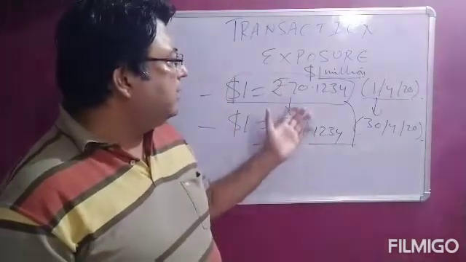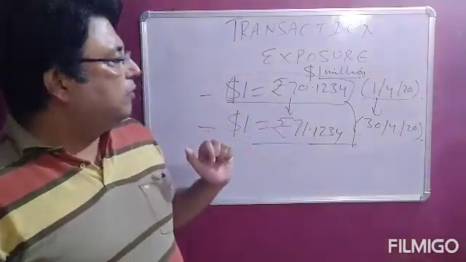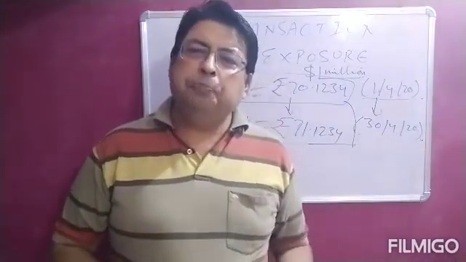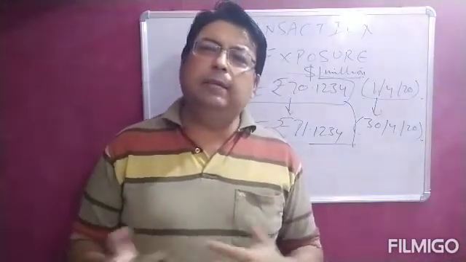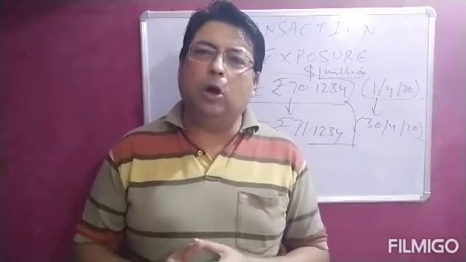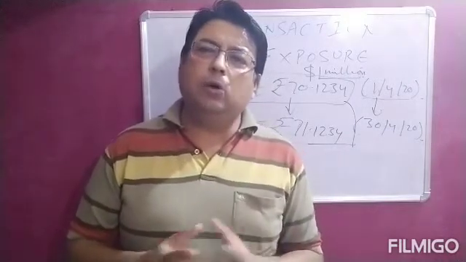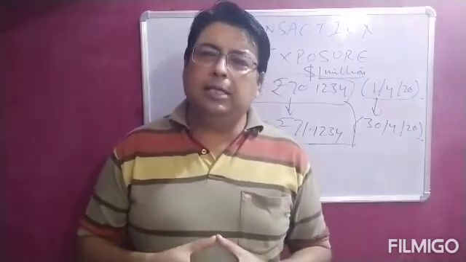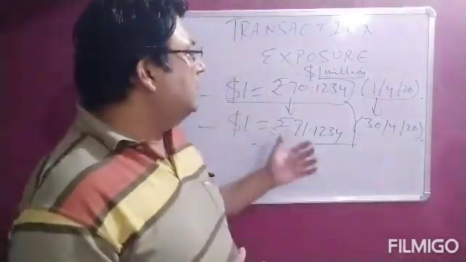A forward contract can be struck by the exporter here, where the exporter can deliver $1 million one month ahead, and the exchange rate between Indian currency and the dollar will be locked. So the exporter will take a one-month forward contract with any foreign exchange dealer. It can be a bank or an authorized dealer, and there the rate will be locked.